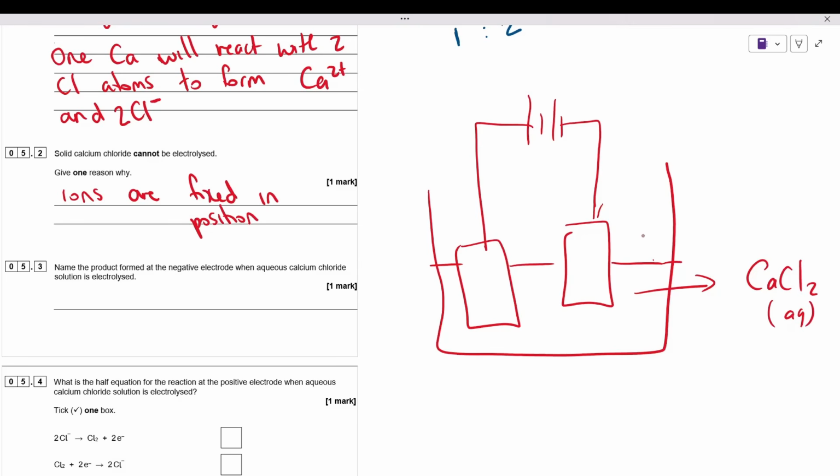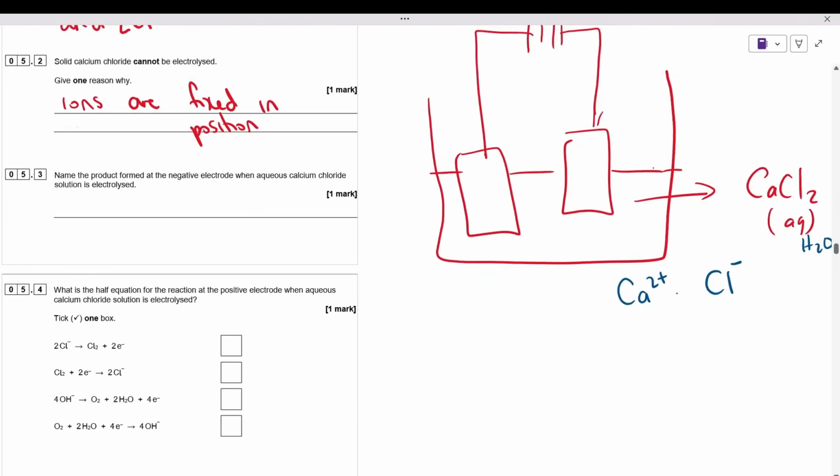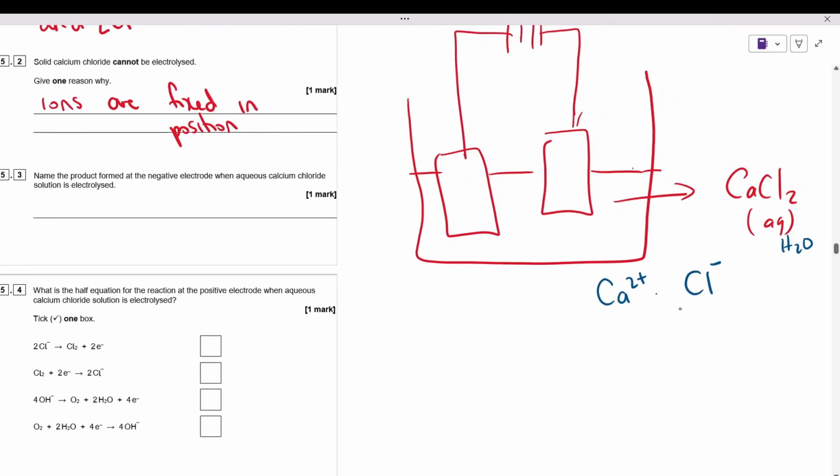Because this is aqueous, I'm going to have several ions in there: my Ca2+ ion, my Cl- ion, and aqueous suggests H2O, which means I'm also going to have the ions from water, which are H+ and OH-.